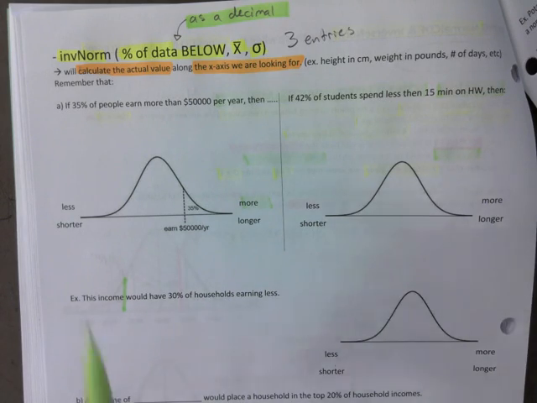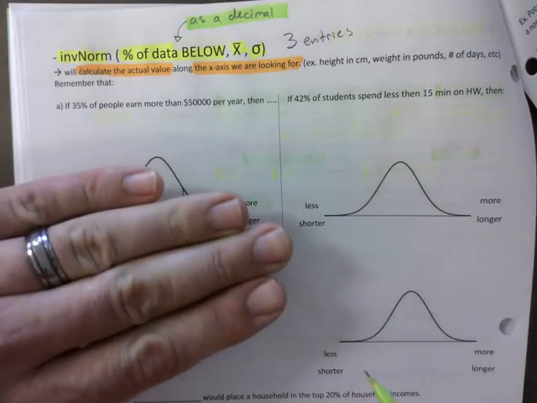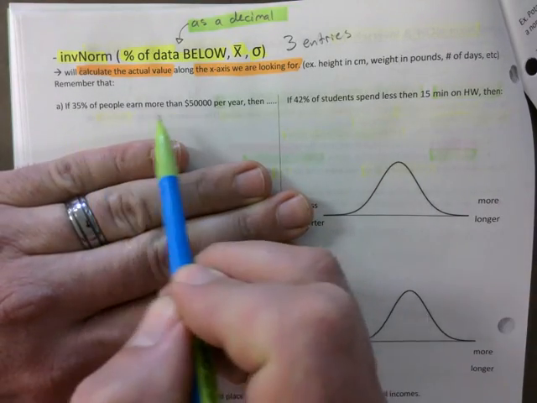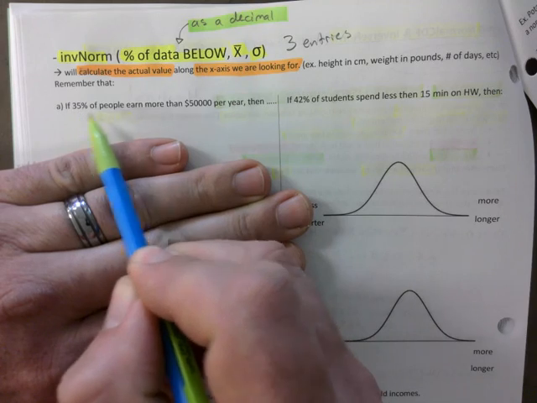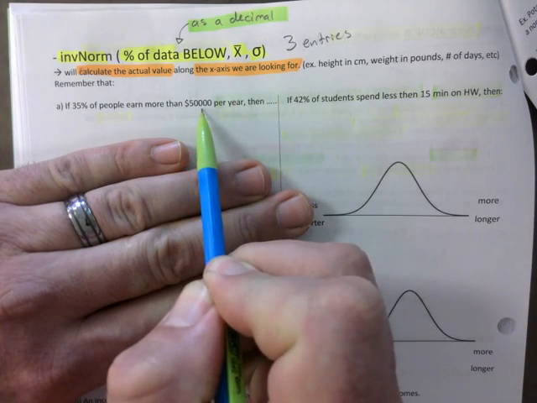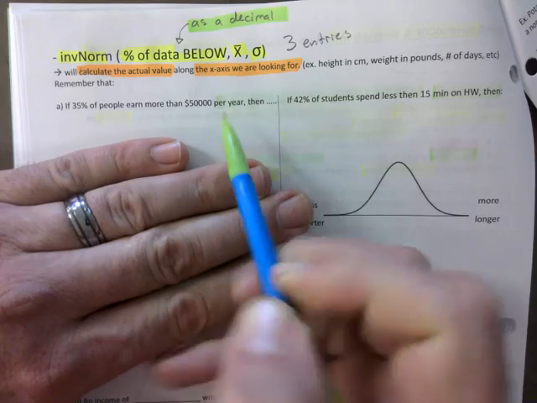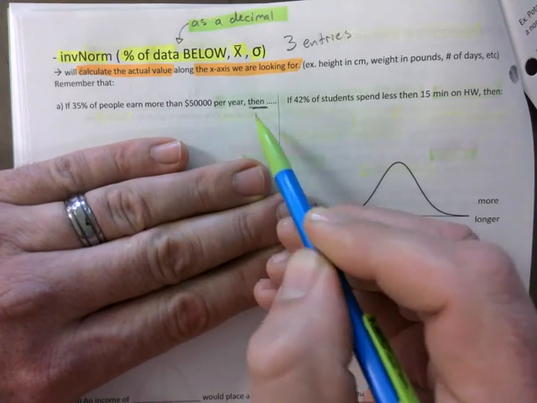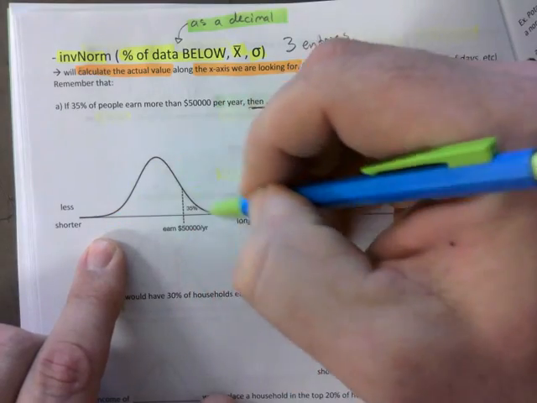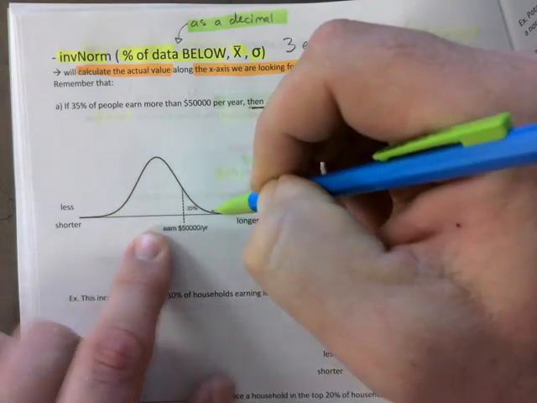So almost try to just look at the problem right now. So if I were to tell you that 35% of people earn more than $50,000 per year, then I want you to think of it being 100% from end to end.